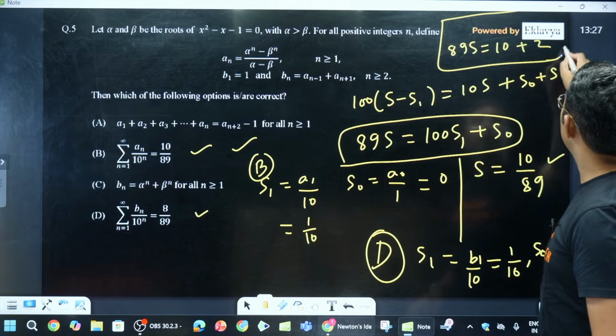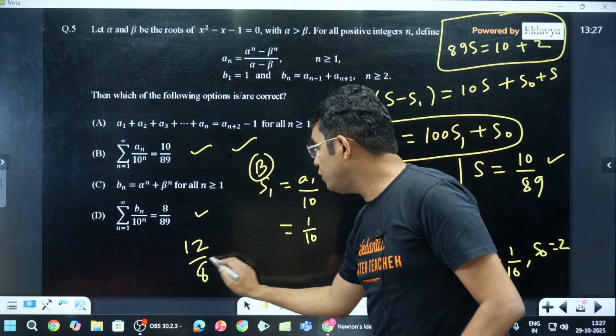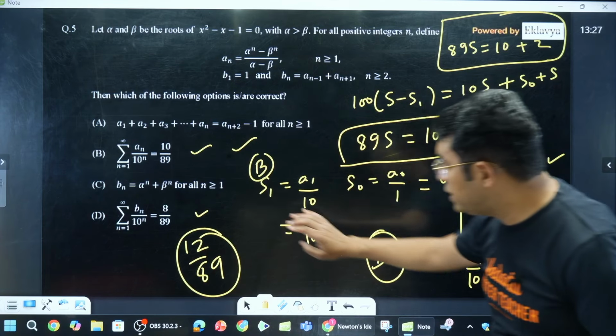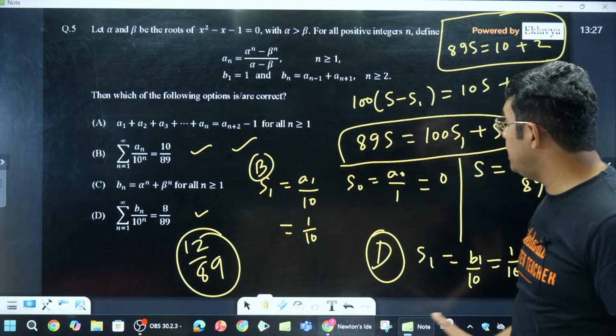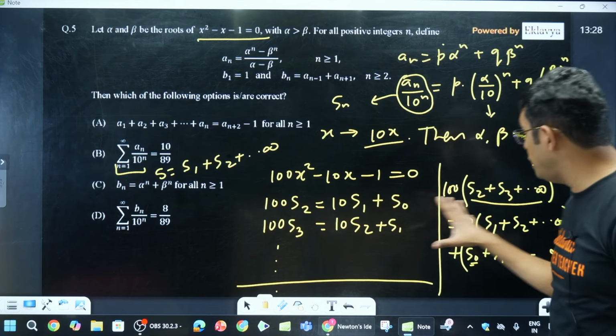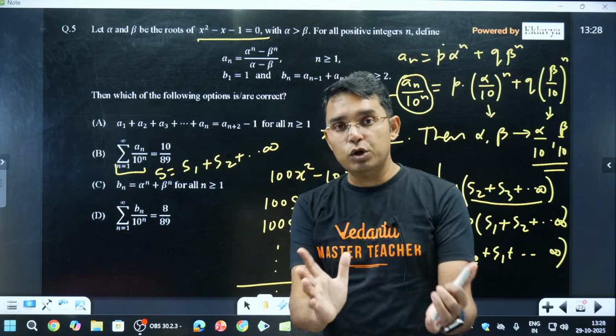So from there you get S equal to 12 upon 89, and this is done. I hope you understand that these two parts are done directly with the help of the recurrence relation only, and in fact I have solved both of them almost together.